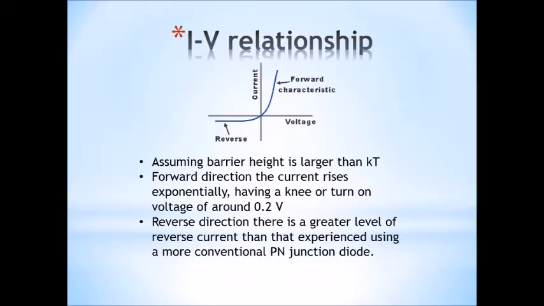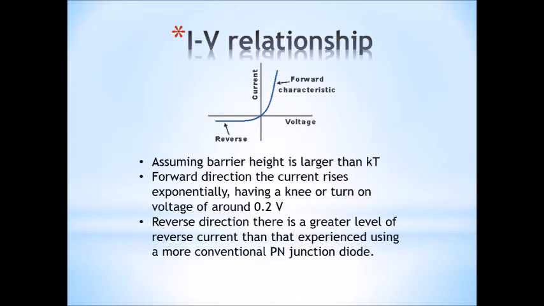Hi, my name is Wan Anas, and I will continue with Faiz's slide, which is the third factor affecting Schottky diodes, the current-voltage relationship, or IV relationship for short. In this factor, of course, we will look at the current and voltage measured from conducting Schottky diodes. We can assume that the barrier height is larger than kT, which is the energy, the product of the Boltzmann constant and the temperature.